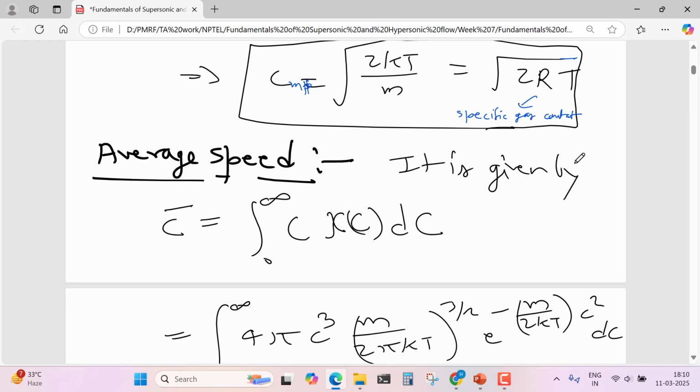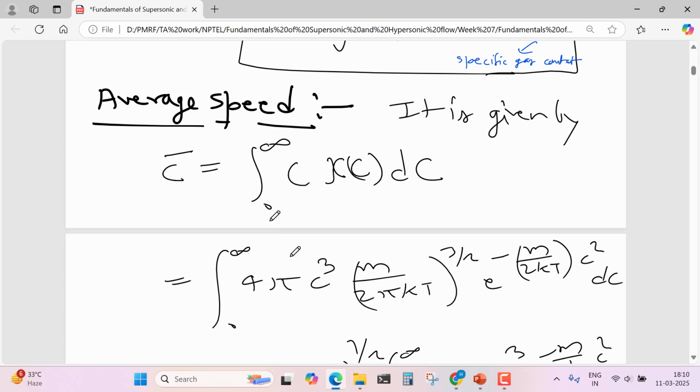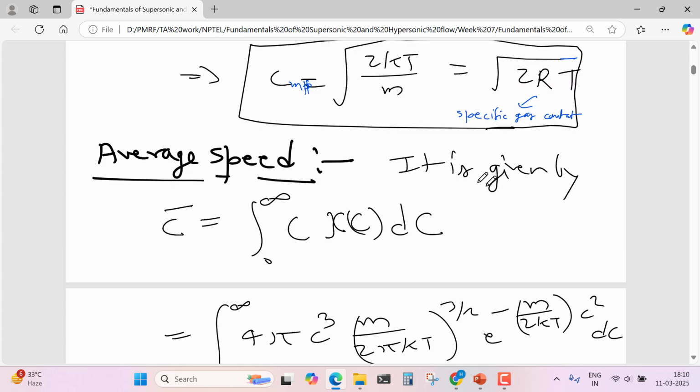Now we will see the average speed. How is the average speed given? It is given by c bar equal to the integral from 0 to infinity of c chi(c) dc. This chi(c) gives the probability of velocity between c and c plus dc, and if you want to take its average, you have to multiply it by c and take its integration.